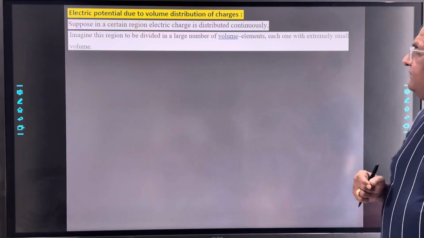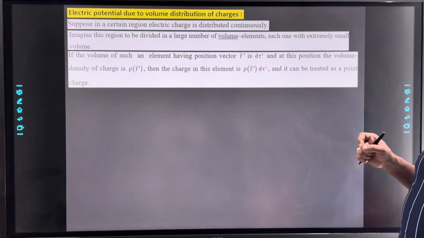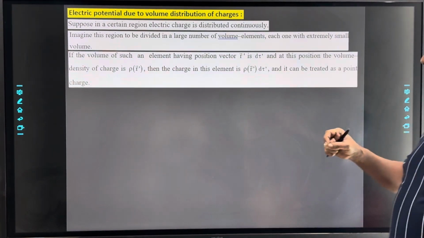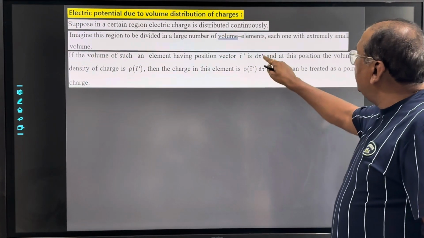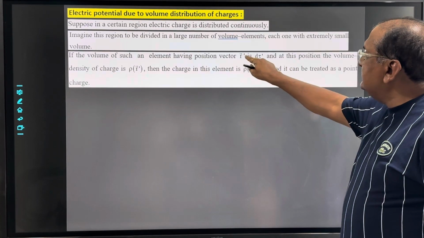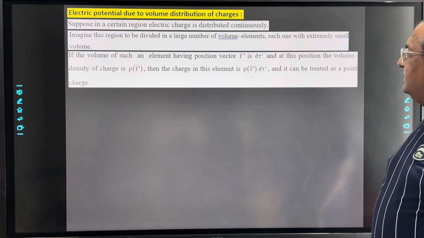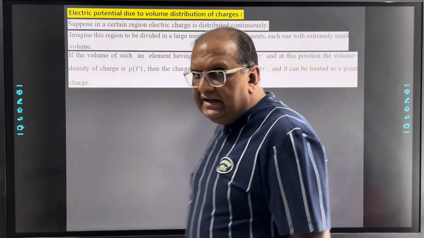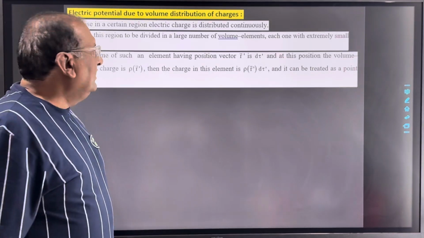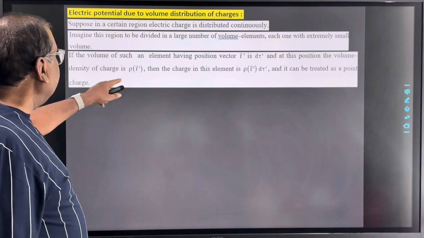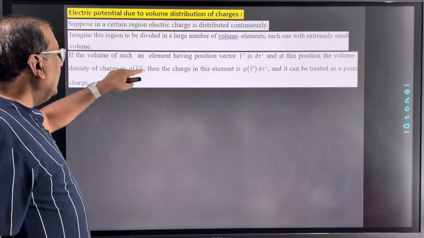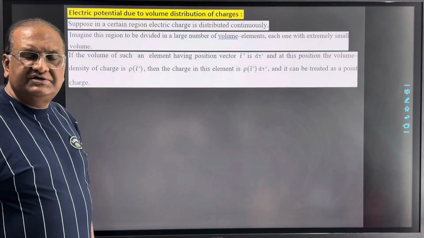So here suppose we consider one small volume element d tau dash, which is at position r dash, and suppose the volume charge density is rho at position r dash.